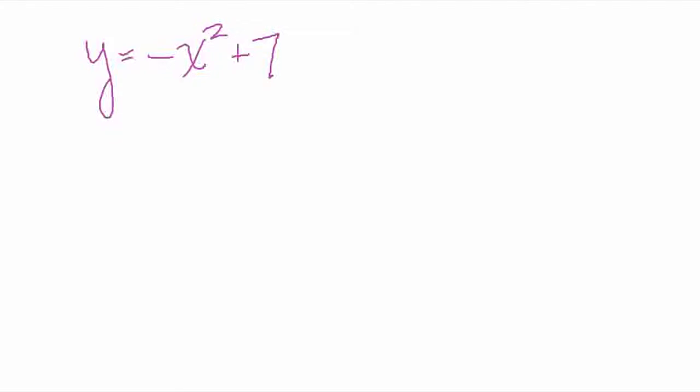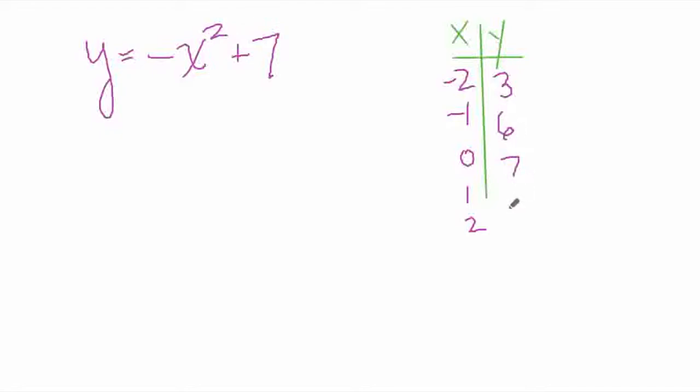So the only danger is that you do it in the wrong order. So again, if there's any doubt about what to do, you can simply do a table. Okay, I'm going to sound like a broken record, but I want you to be safe. I want you to get the right answers. So just do a table. Minus, this would give 3, this would give 6, 7, 6, 3.